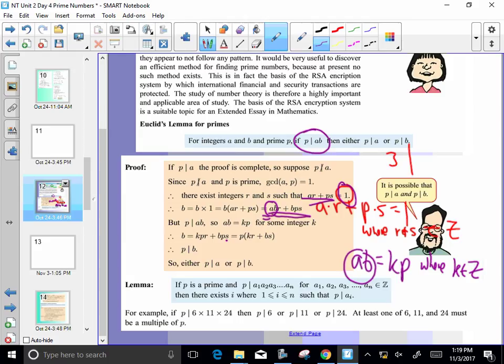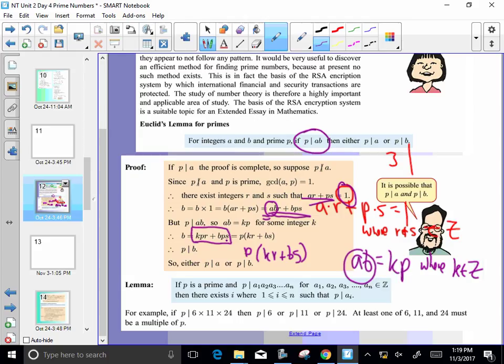Am I doing okay? A little clunky, but it's working. What can I factor out of these two? p. So p times (kr plus bs), where k, r, s, b, all of them are constants.